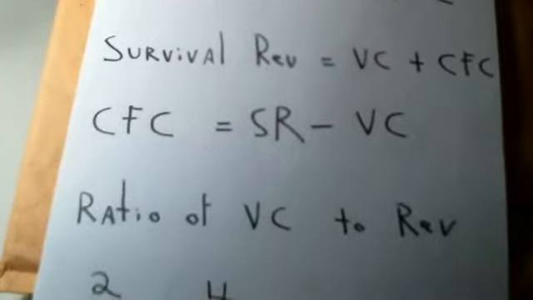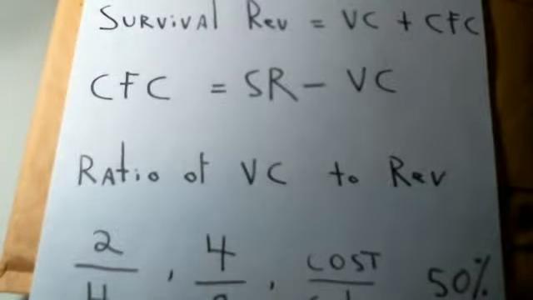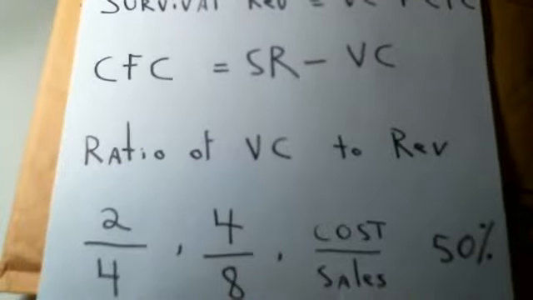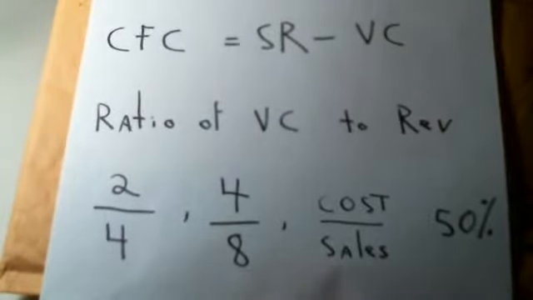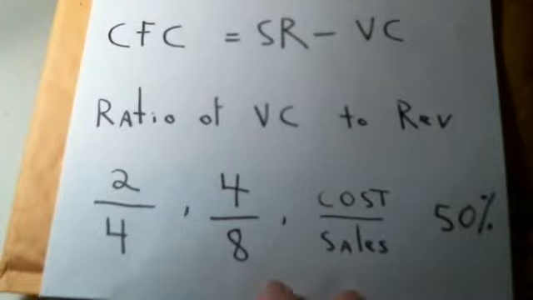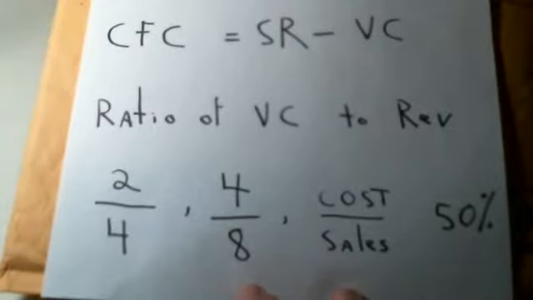In terms of the variable cost, we really want to look at a ratio. So for example, if we look at the ratio of variable cost to revenue, you might see something very typical as 2/4, 4/8, so the cost over the sales. Both of these, of course, come to 50%.